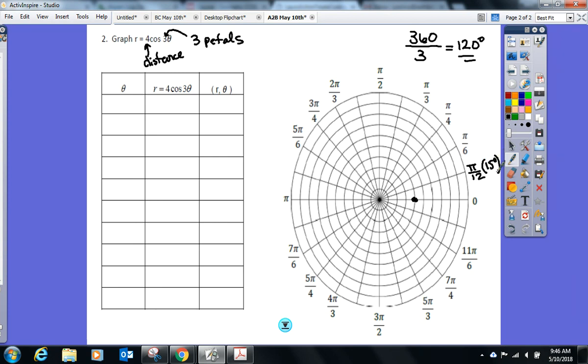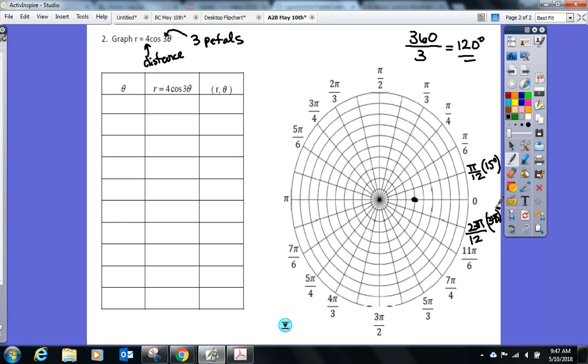There's 24 total, so the one to the left would be 23 pi over 12. And in degrees, 315 less than 360, 345. And that's why I gave you guys a blank table.